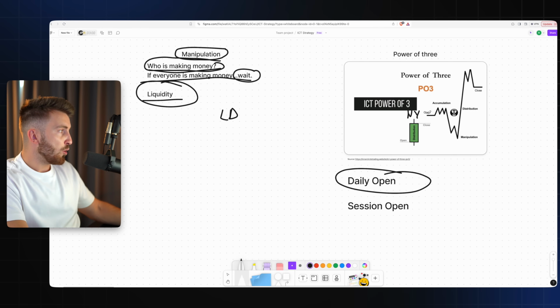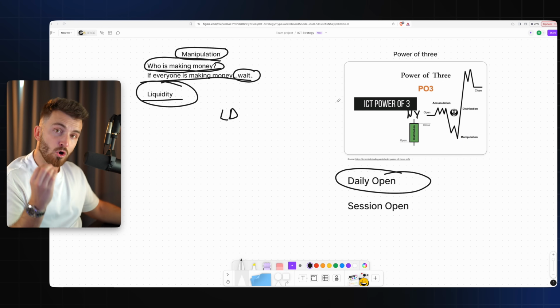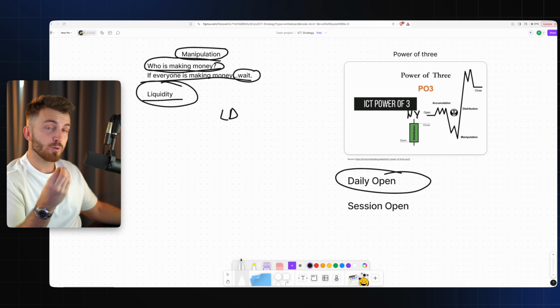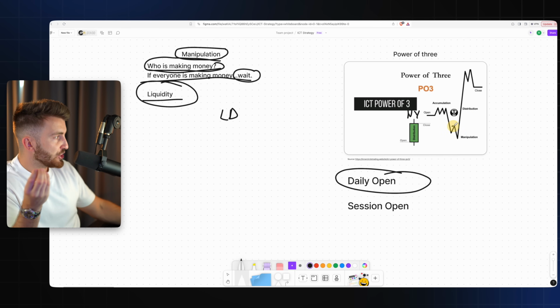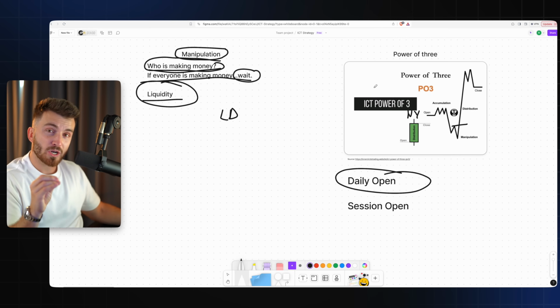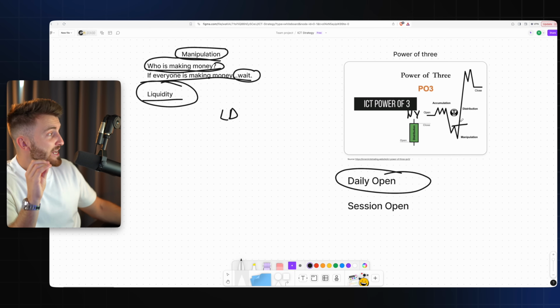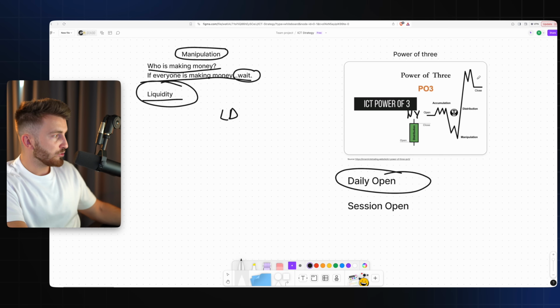Yet, if everyone that opens a long during New York starts losing money, and that's why you also use liquidity, starts losing money during this manipulation phase, then already you are more profitable than them because you are not losing money. And then you wait for the shift that is going to mark when the market wants to move in your direction, and this is where you execute. Your goal is not to try to catch this move lower. Your goal is to catch this distribution, and that's what I'm going to tell you to focus on.